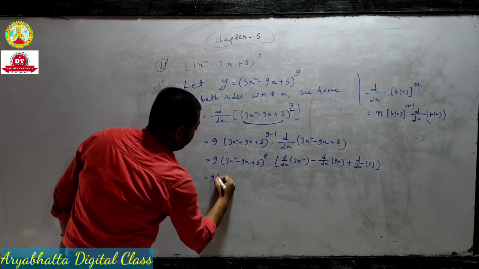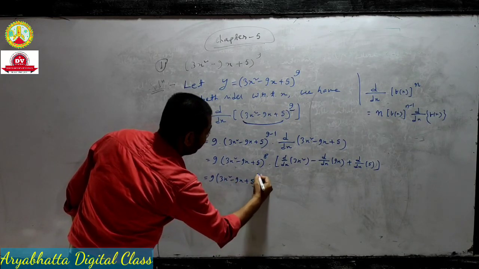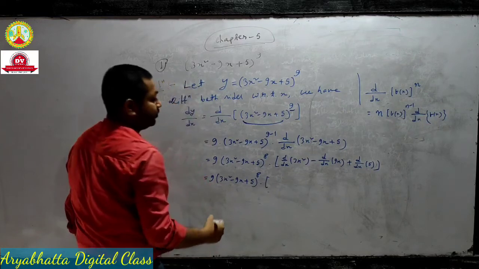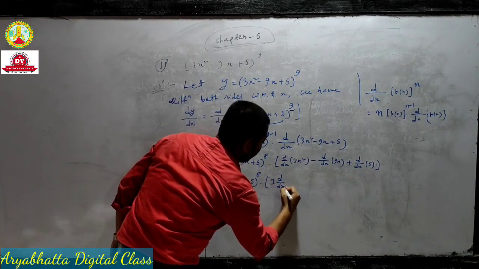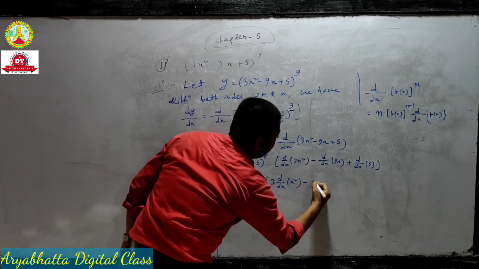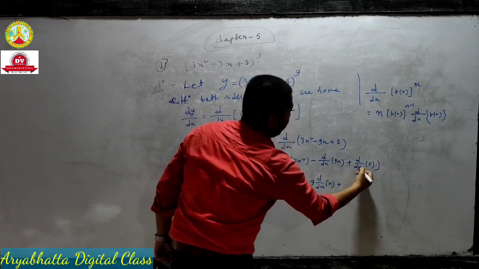This is equal to 9 into 3x squared minus 9x plus 5 whole to the power 8 into 3 into d by dx x squared minus 9 into d by dx x plus d by dx 5.